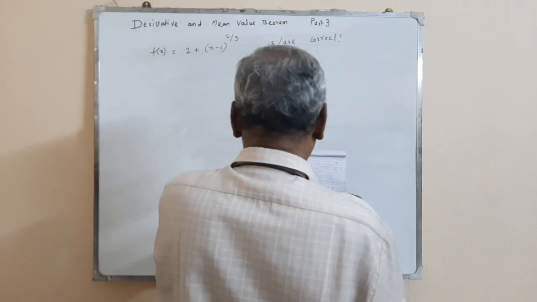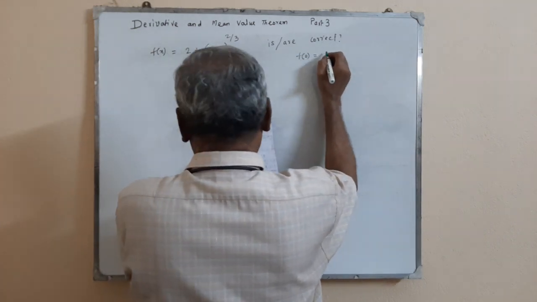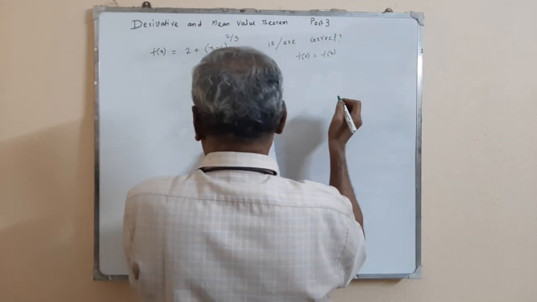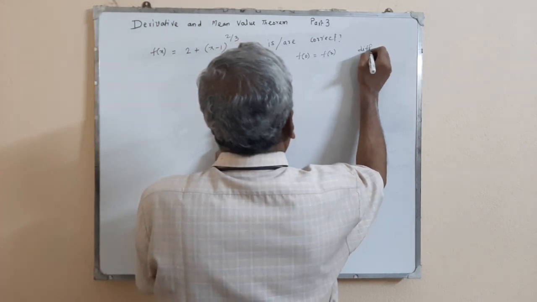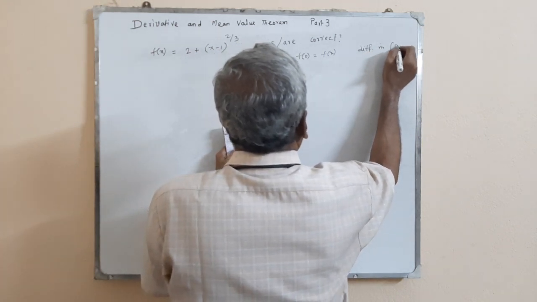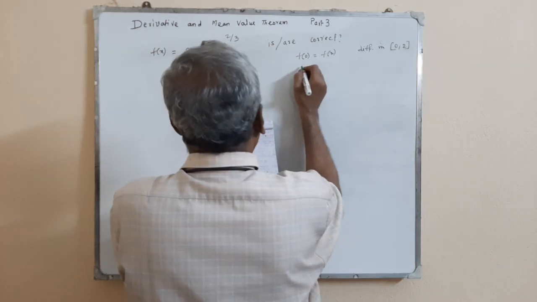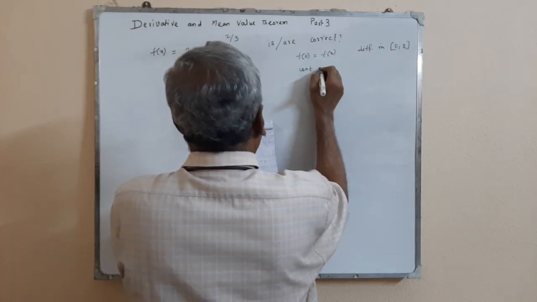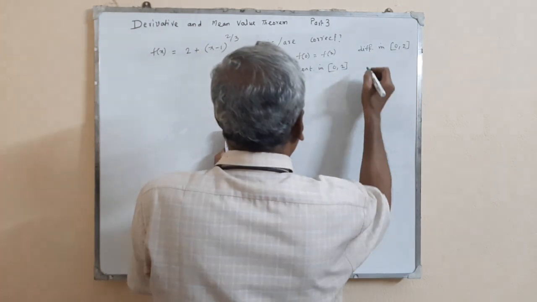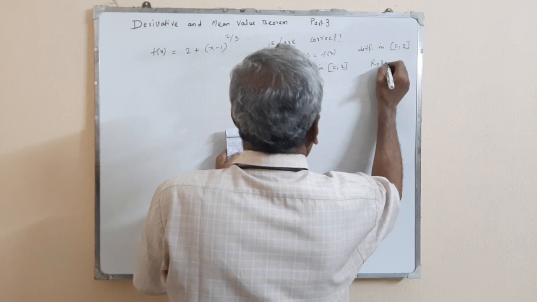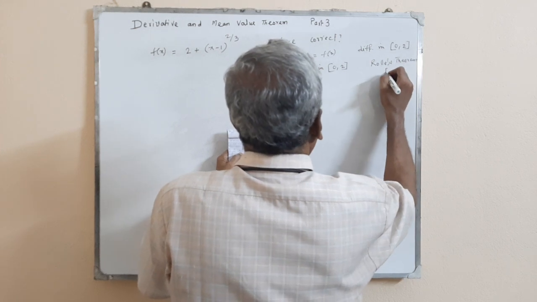Options: f(0) is equal to f(2). f is differentiable in (0, 2). f is continuous in (0, 2). Rolle's theorem is applicable in (0, 2).